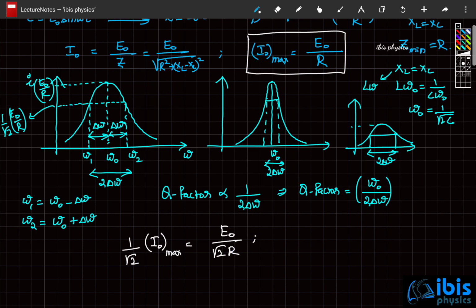At resonance it is E naught by R. But at omega 2 and omega 1, it is not the resonance frequency, it is some other frequency, so the impedance will not be minimum, it will take this form.